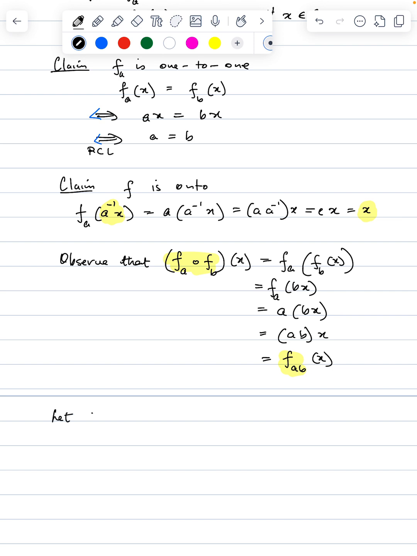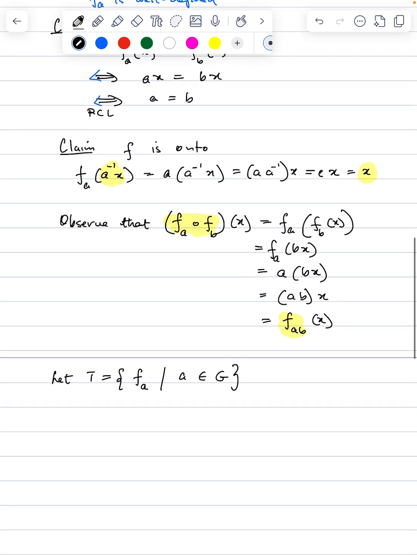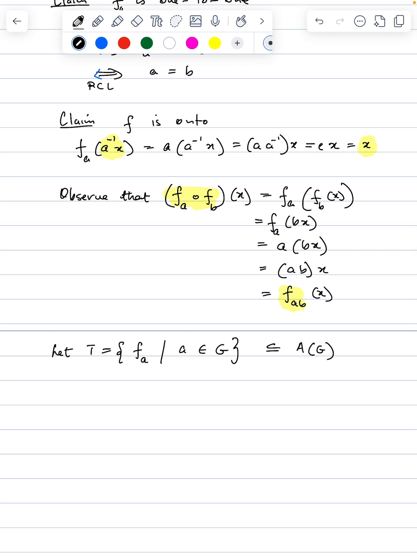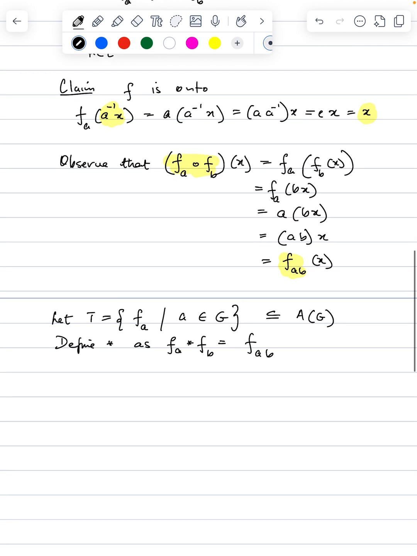Let's define the set T to be the set of all F_A such that A is in G. And now this is a subgroup of A(G), which consists of all one-to-one functions from G to itself, and define the operation as F_A star F_B equals F_AB.